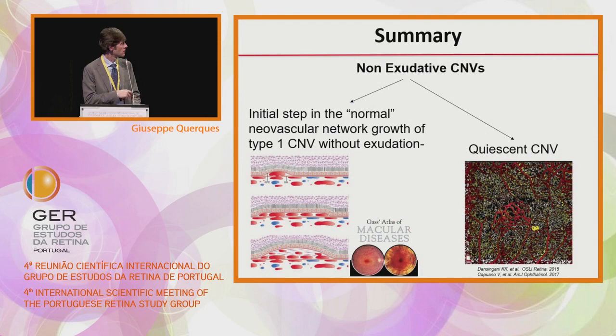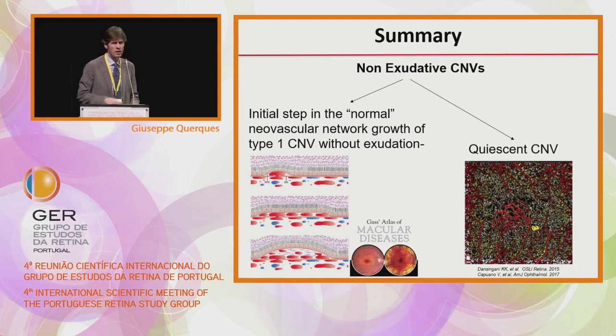So it seems that there is a difference between subclinical type 1 neovascularization in treatment-naive eyes versus quiescent treatment-naive type 1 neovascularization. This is what Gass already described as the initial step in the evolution of typical type 1 neovascularization, which at the beginning is not exudative and then develops exudation in a certain time.